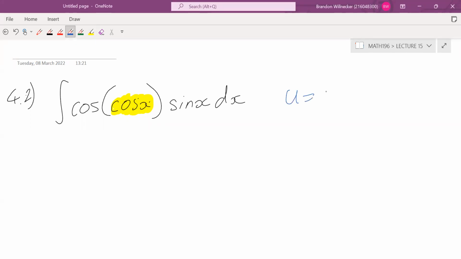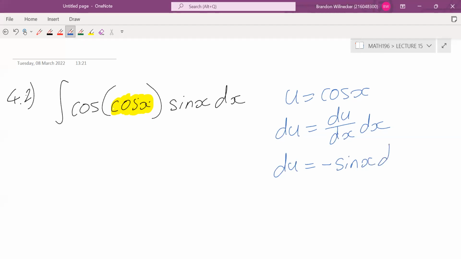So if u is equal to cos x, then du will be du by dx. So du will be, the derivative of cos is minus sine. So we get minus sine x dx. Okay, but let's just check that. In the integral, we have sine x dx.